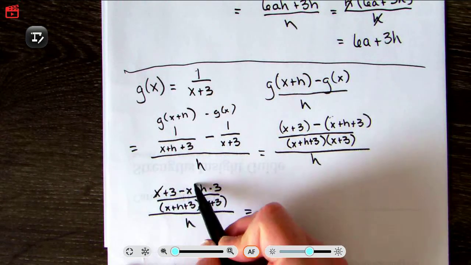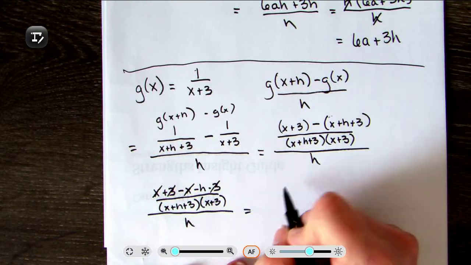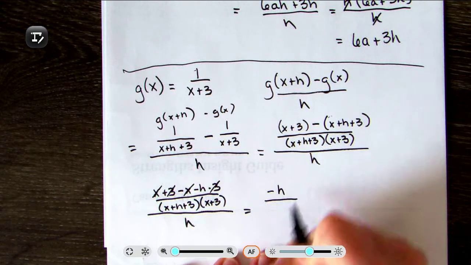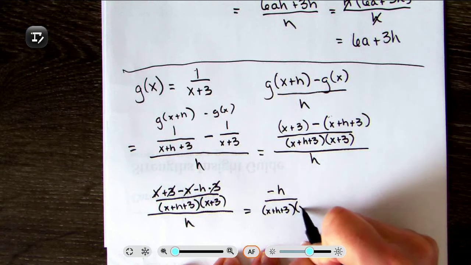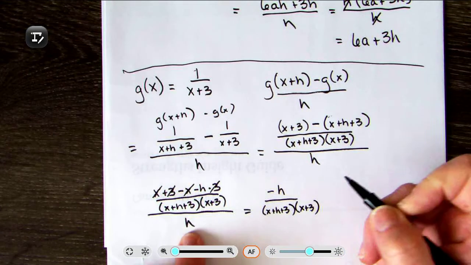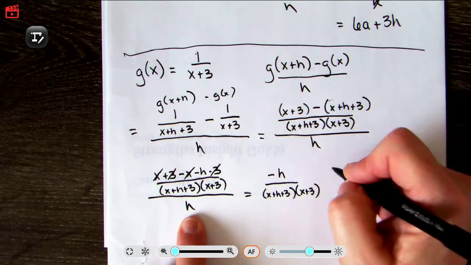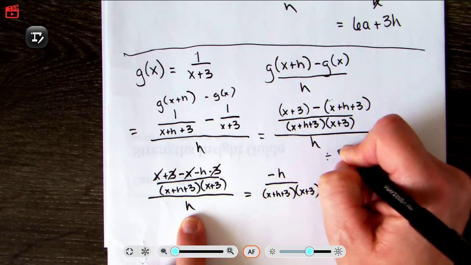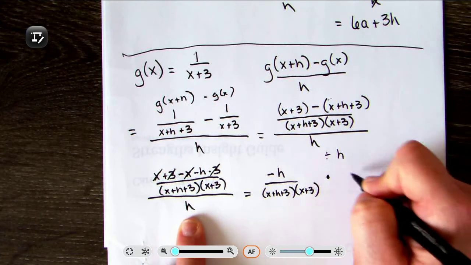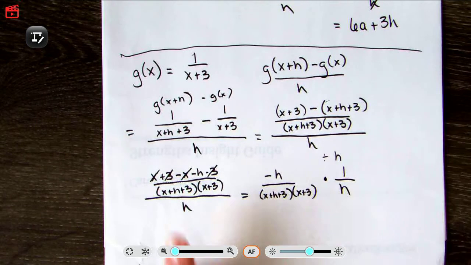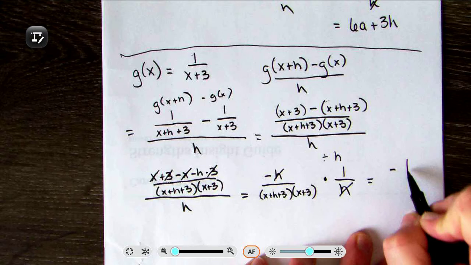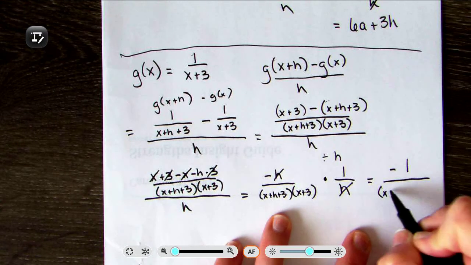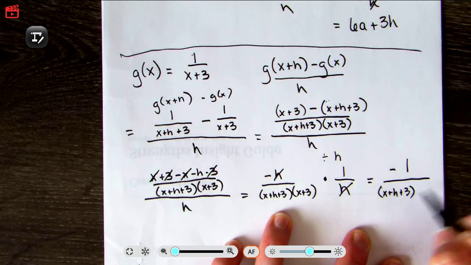You'll notice that those x's are gone, the 3's are gone, and we're just left with a negative h over that common denominator, which we are going to divide by h. So we're dividing by h, which means we're going to multiply by 1 over h. Notice the h's cancel, and I'm left with a negative 1 over this x plus h plus 3, x plus 3.